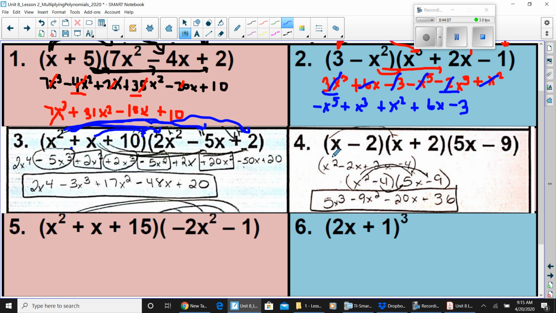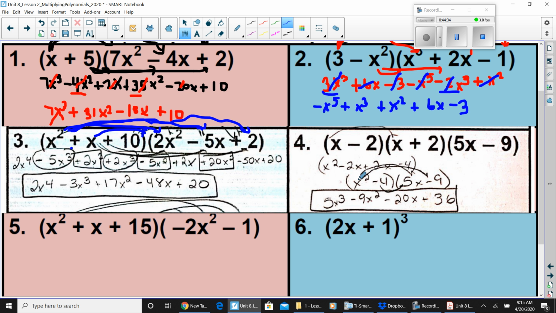So for these with 3 binomials, you just do the first 2 first. You multiply the first 2 first. So you're doing x times x, x times negative 2, negative 2 times x, and then negative 2 times 2, right?